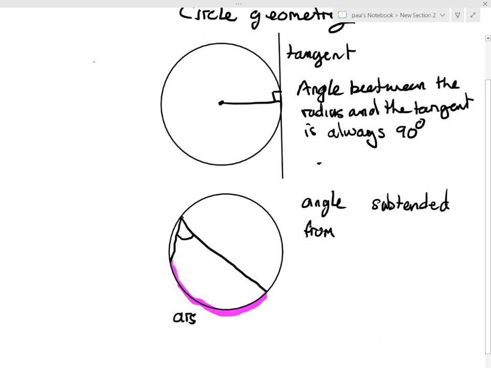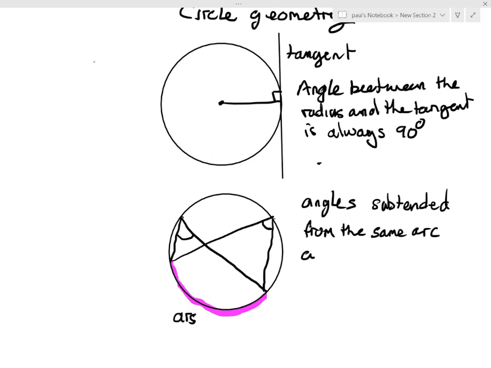And if we draw another one there and another one down here, these two angles are subtended from the same arc. So angles subtended from the same arc are equal. Yeah.